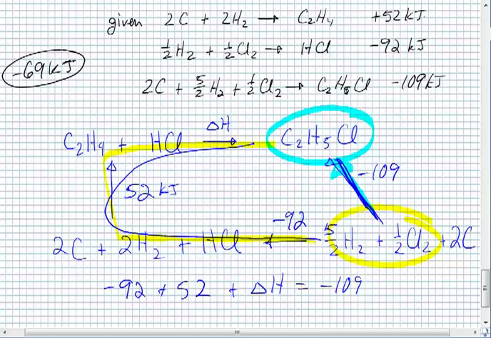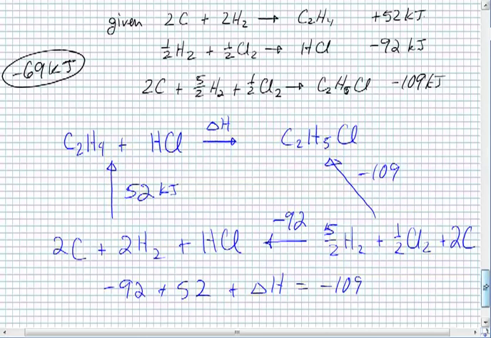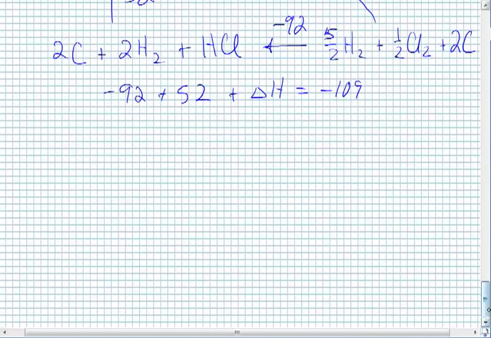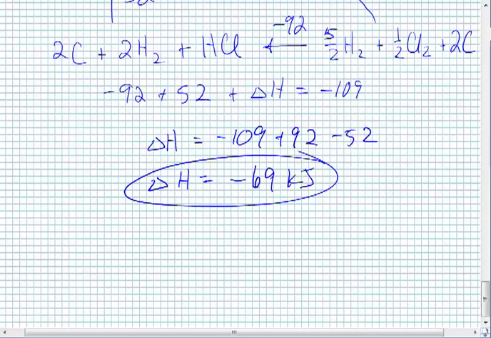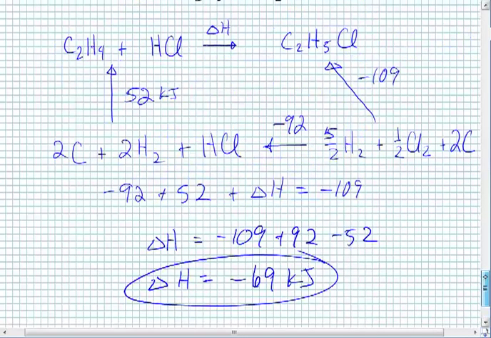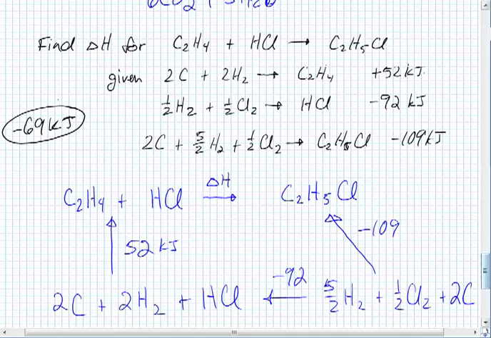Then all we have to do is finish solving that equation. You can just add 92 to both sides. So negative 109 plus 92 minus 52 is equal to your answer, which is negative 69 kilojoules, like we said at the beginning.